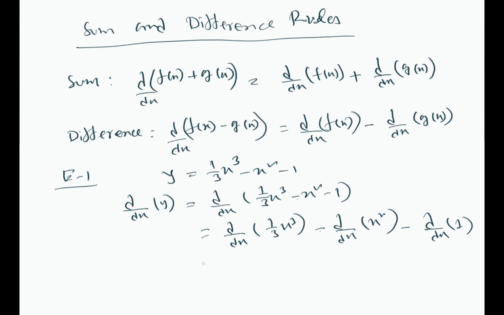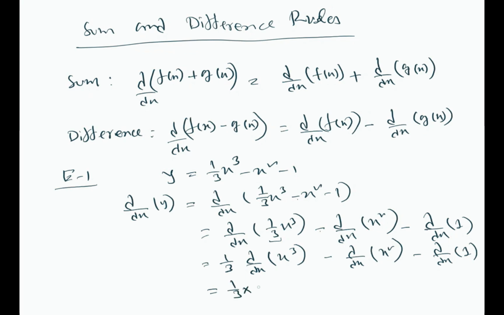First we have a constant multiple, so I can write it first, 1/3 d/dx of x cubed minus d/dx of x squared minus d/dx of 1.